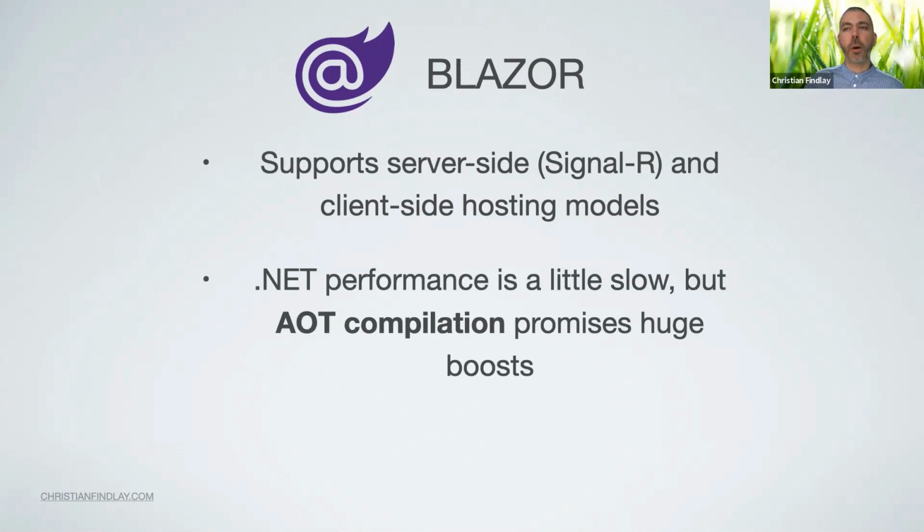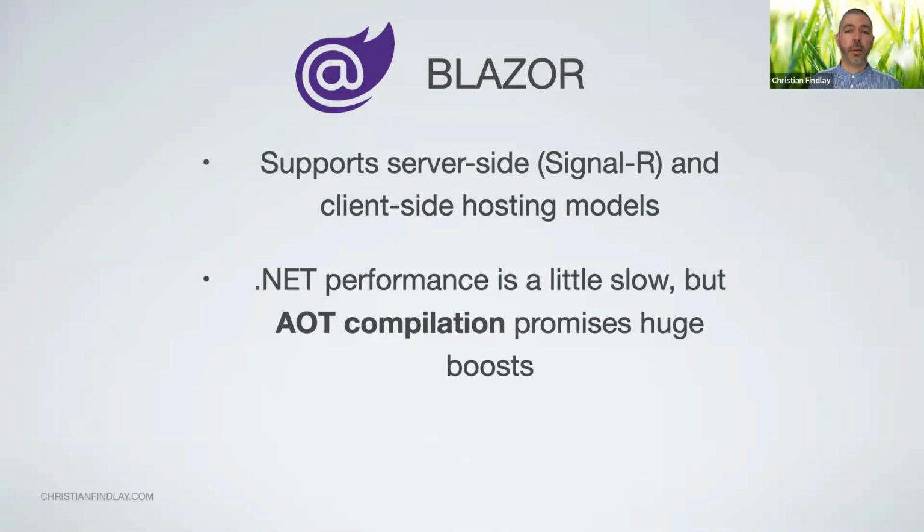WebAssembly.NET sits on top of WebAssembly at the moment, and you can see a little bit of sluggishness with applications. There is something that promises to give a lot of performance boosts, called ahead of time compilation. That's coming on both Uno Platform and Blazor. I believe that Blazor was able to achieve it, and I believe you can set that up in an Uno project by doing a little bit of configuration.